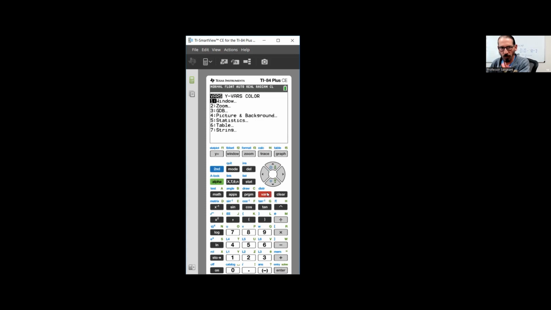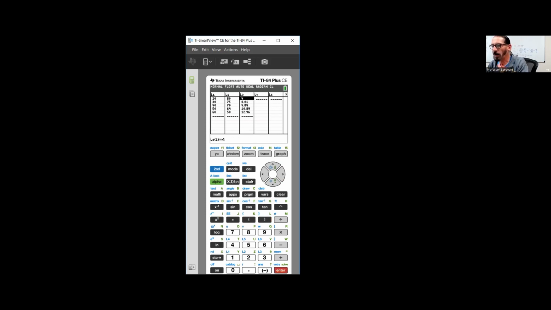Think about how we stored Y1, the equation of the regression line: vars, Y-vars, function, Y1, and then we tell it that the x coordinate is in list 1. Close that parenthesis, close the overall parentheses, and square it.